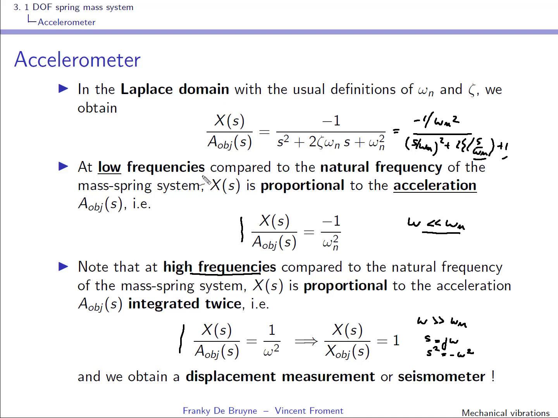So at low frequencies we have that x is proportional to the acceleration. So if you can measure it, you have something that at low frequencies is proportional to acceleration.